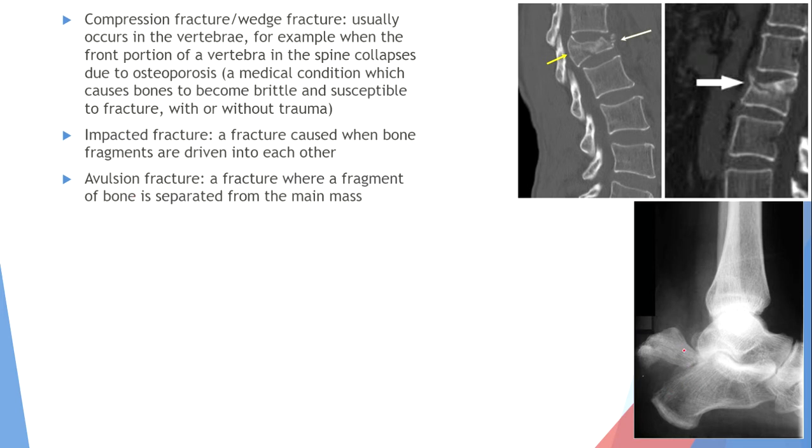So here we see avulsion, and here we see compression fracture, because body of the vertebra is spongy, and when people have trauma, fall from height, one of the vertebra can be smashed and look like this.